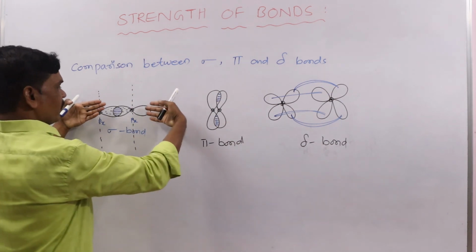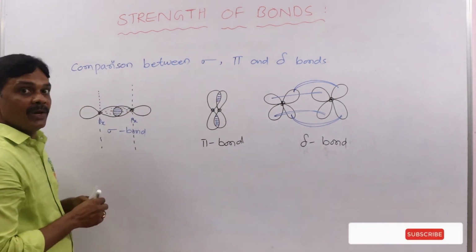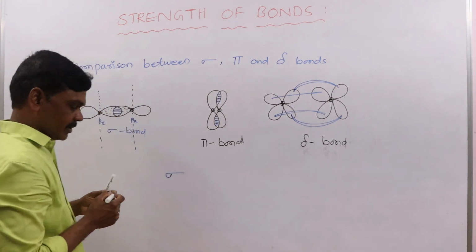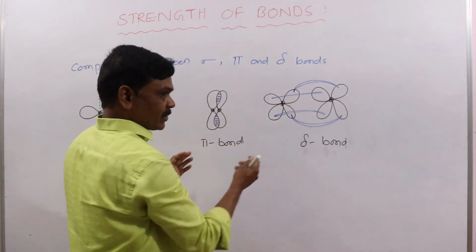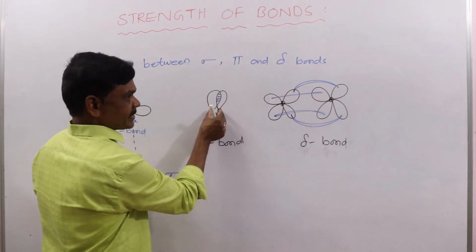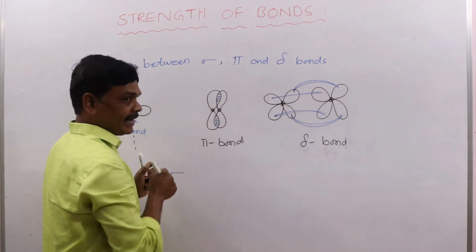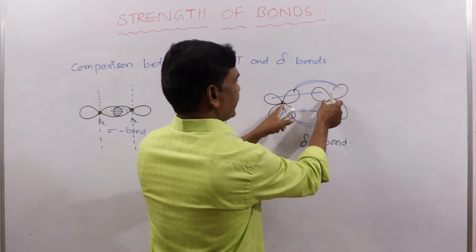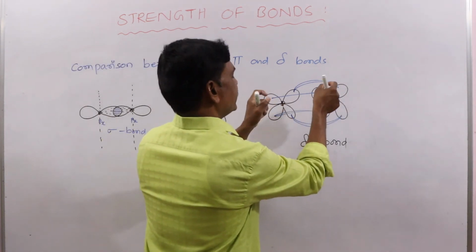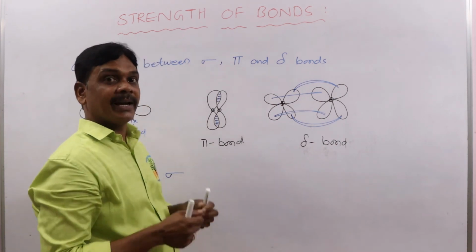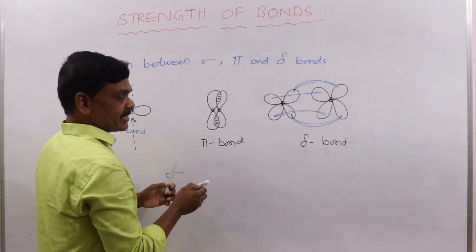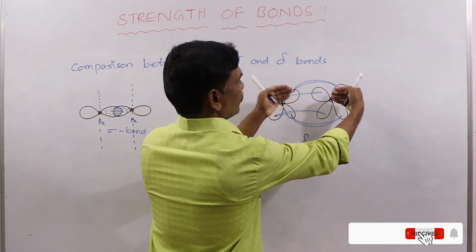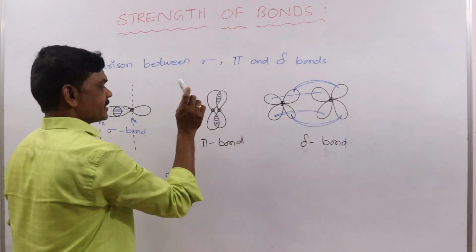So extent of overlapping is possible. So the sigma bond is strong, first one. In pi bond, the distance between these two nuclei is very less, so compulsorily there is repulsion. When compared to pi bond, in delta bond the distance between these two is more, so repulsions are less. So somewhat extent of overlapping is possible here, but here it is not possible.